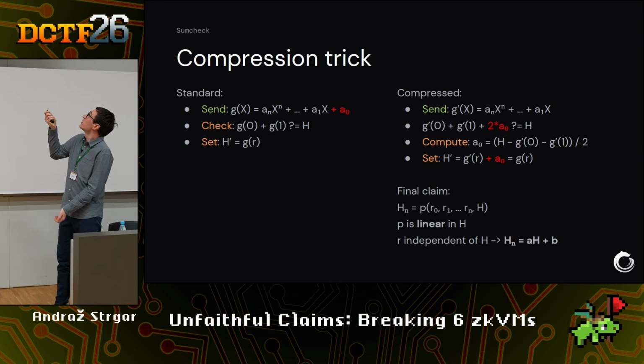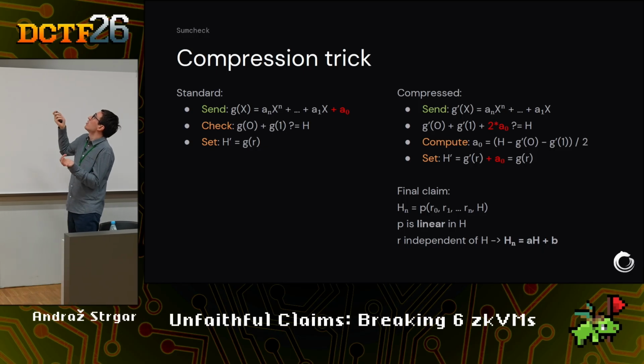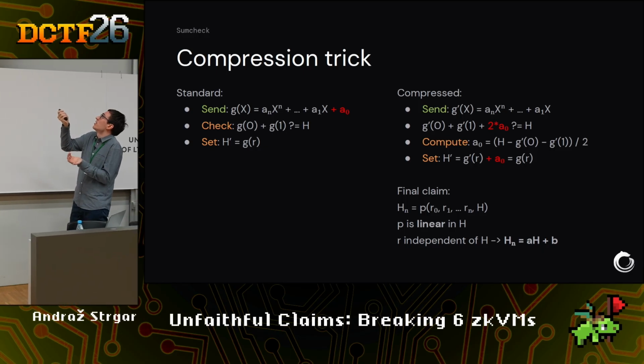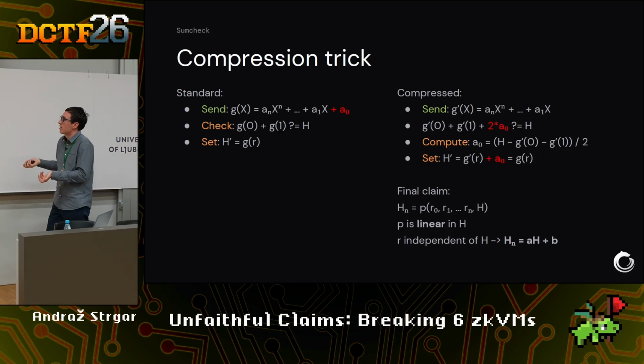What is important is A doesn't change, B doesn't change if we change H. So since we know all of those three values, we can just pick whatever H satisfies this equation, and we have a valid proof that the verifier will accept.